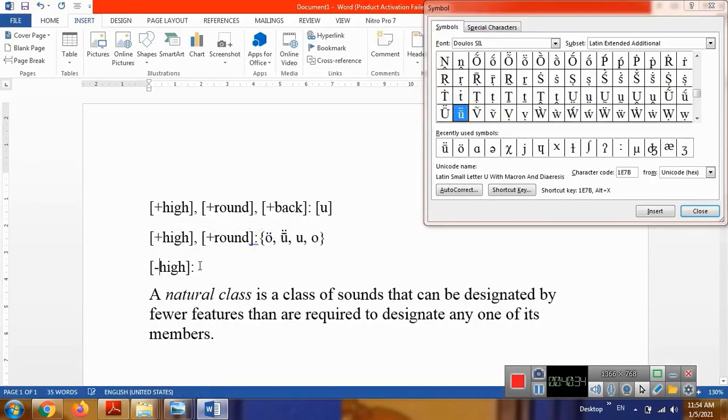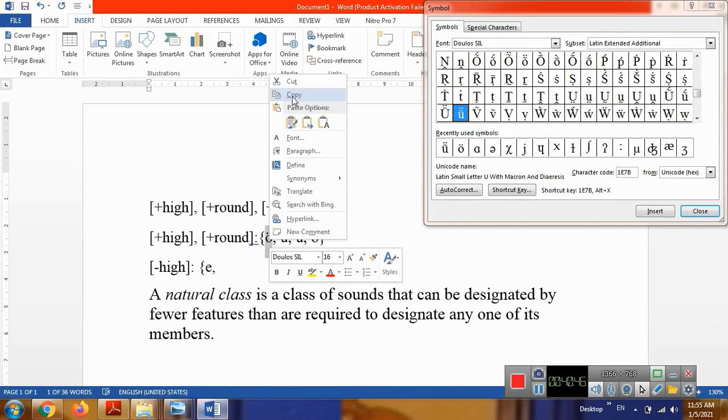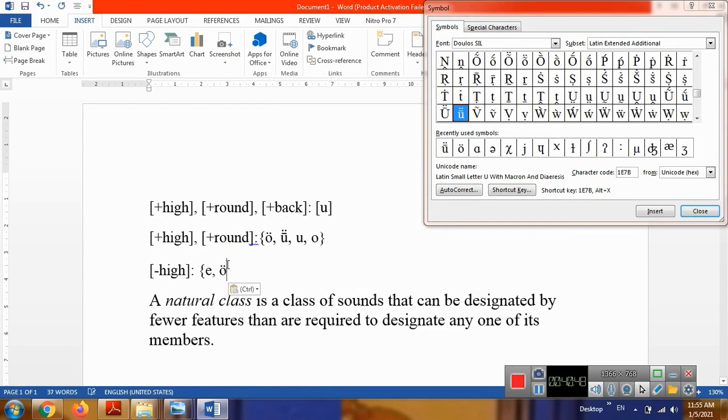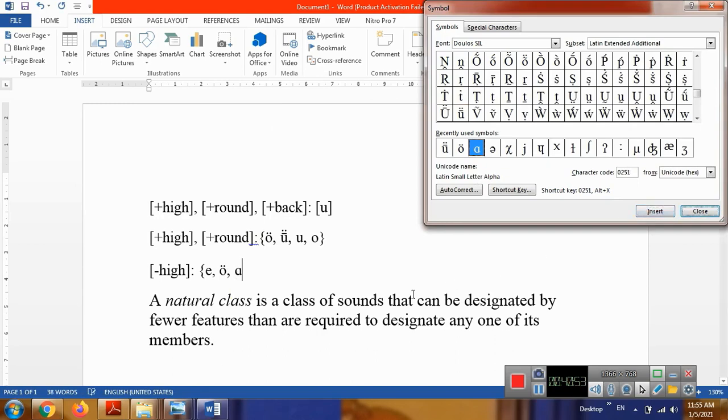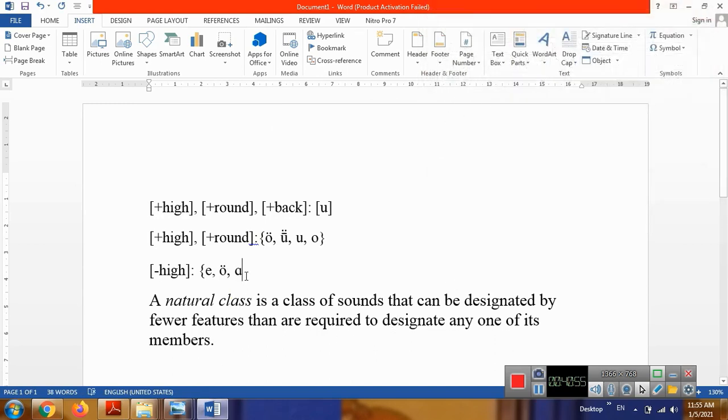According to minus high, the natural class here is e, o, a, and O. They are natural classes.